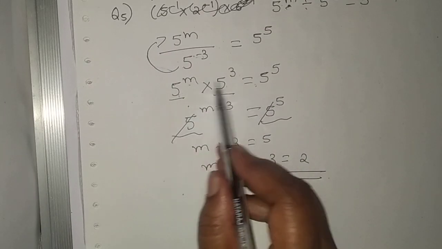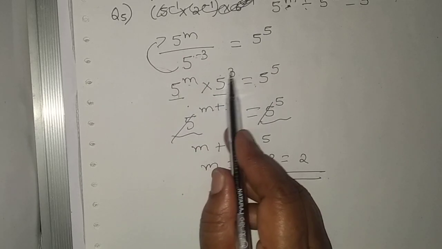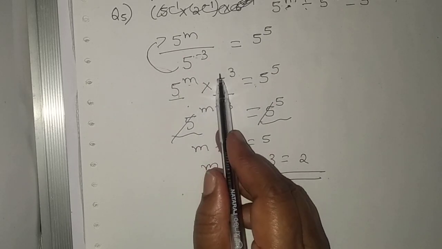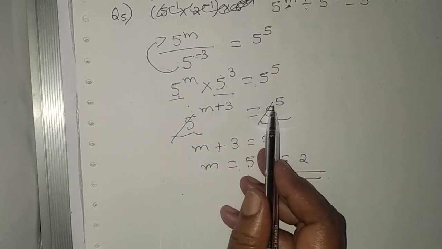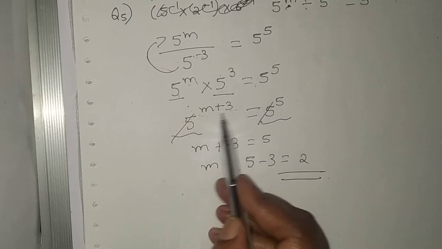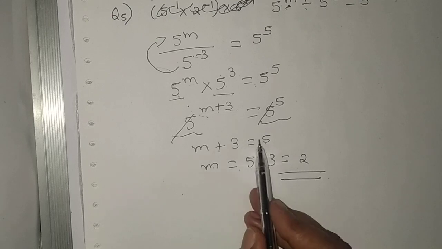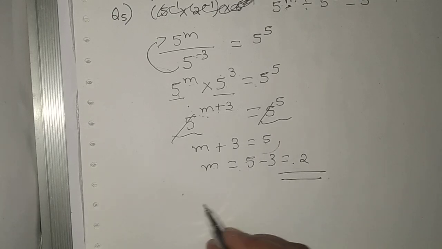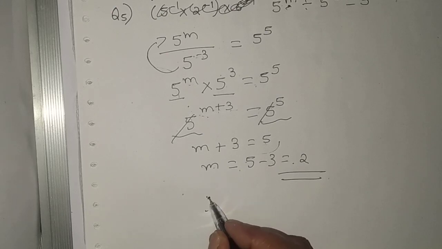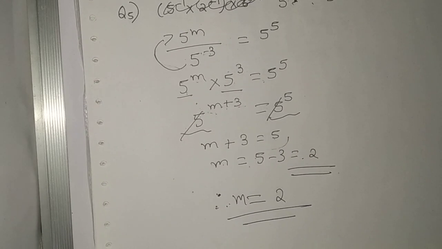Since the bases are common here, we can take 5 power m plus 3 is equal to 5 power 5. After this, since bases are common, cancel this, take only the power. So m plus 3 is equal to 5. So m is equal to, bring this 3 to the other side, 5 minus 3 is equal to 2. Finally, therefore, m is equal to 2 is the answer. So this completes the fifth problem.